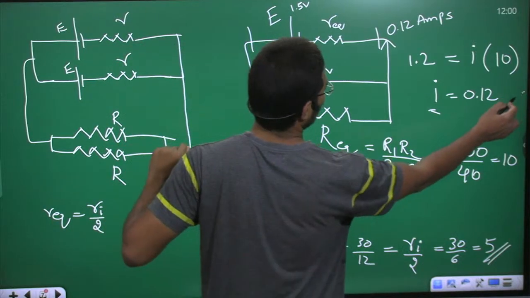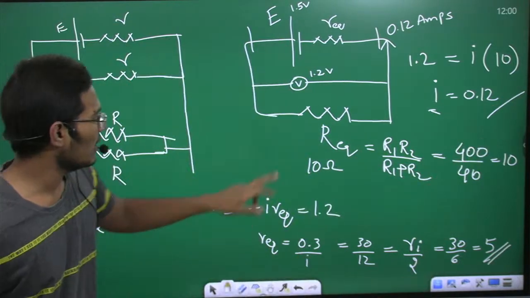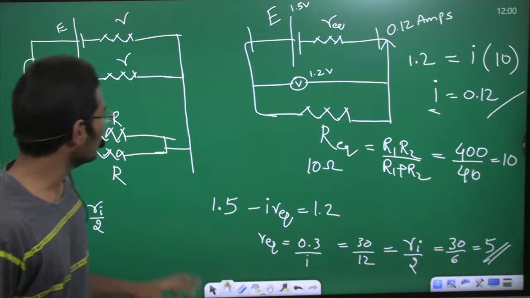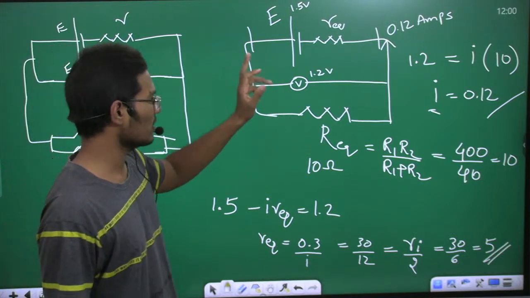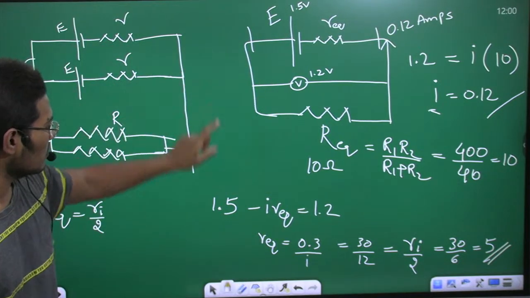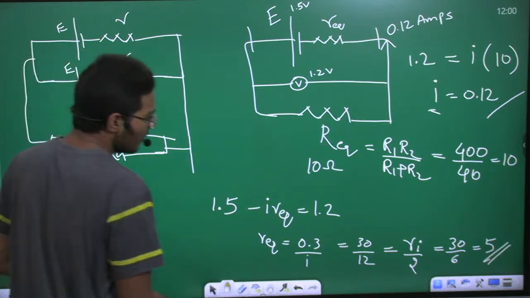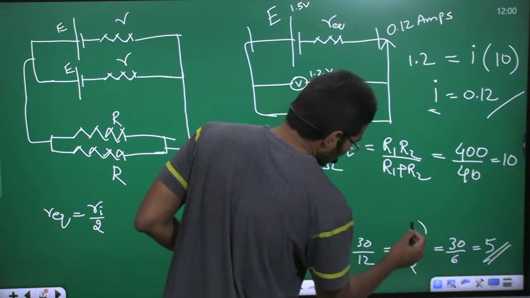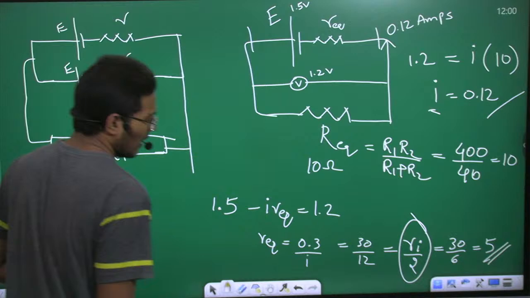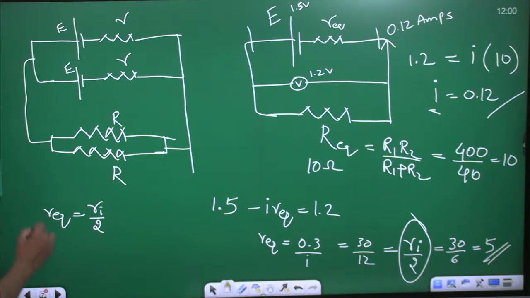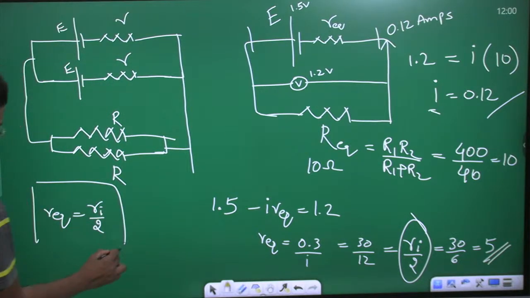We found the R equivalent and found the current, and we apply the I for the first circuit. So we get R internal as 5, because R equivalent is equal to R internal by 2. So hope this is clear. Now let's move to the next question.